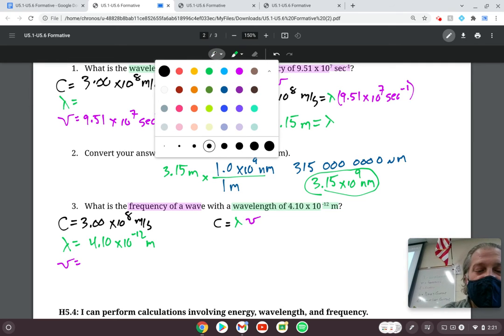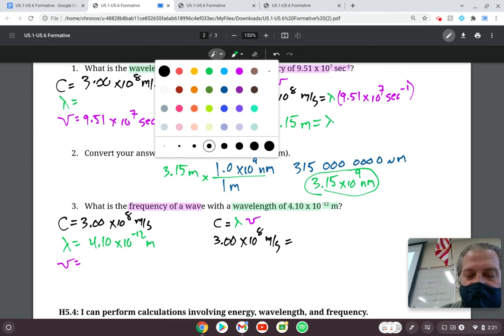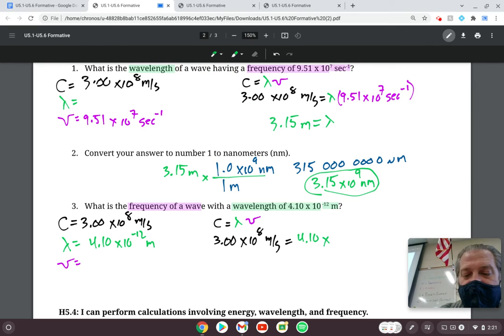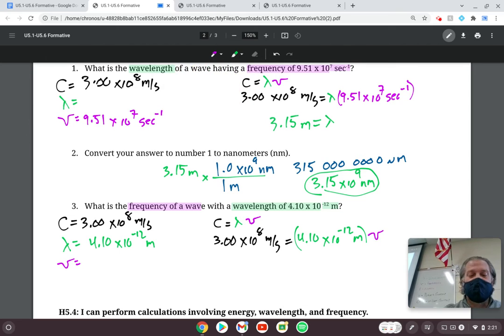You didn't have to convert. So I'm going to take the 3.00 times 10 to the 8 meters per second is equal to the 4.10 times 10 to the negative 12, and that's meters, times the frequency, which is what we're trying to solve for.